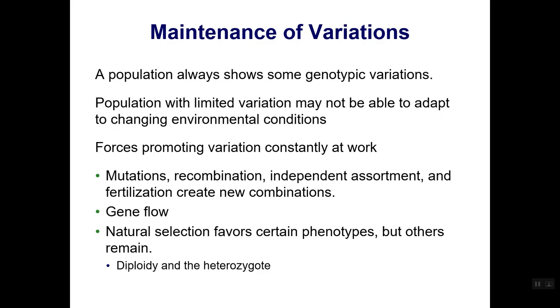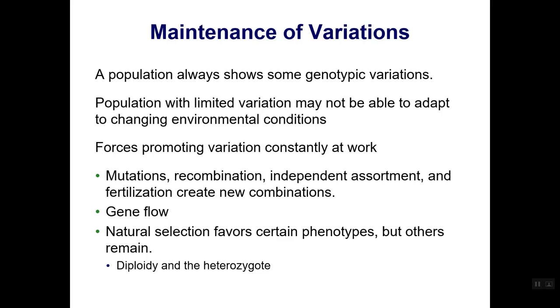Recombination, that's another example of promoting variation that we discussed in previous chapters, where non-sister chromatids would exchange components and then be distributed into the gametes. Independent assortment promoted genetic variation. That was where our homologous pairs would line up independently of all of the other ones.